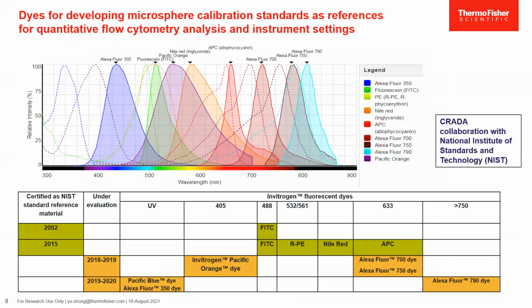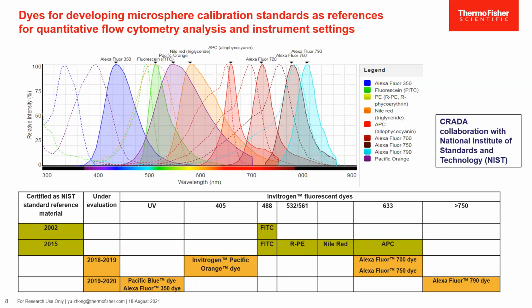You first have to select different fluorophores. Before 2002, there were no standards in fluorescence measurement. What is a unit? What's the intensity? People were just talking about bright and dim. That's not a quantitative measurement. So first of all, we worked with NIST from 1999.